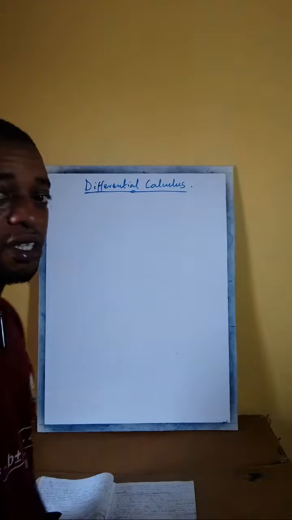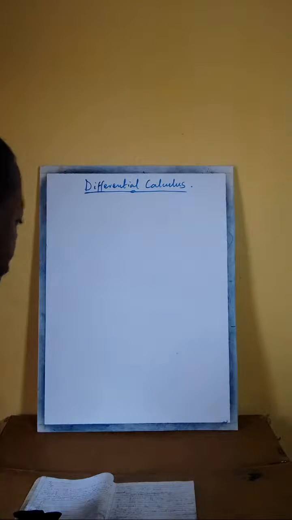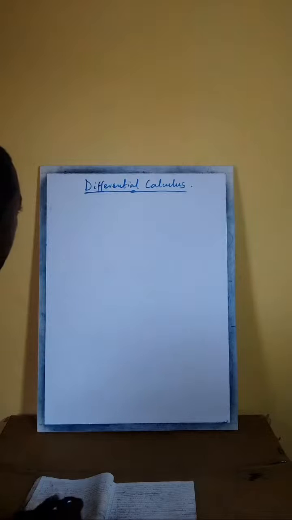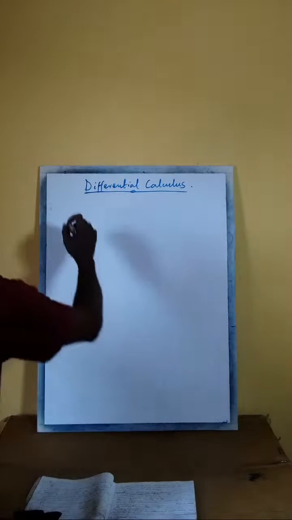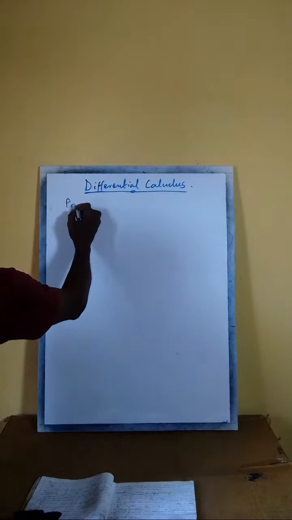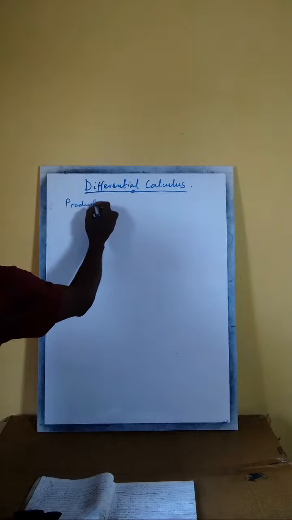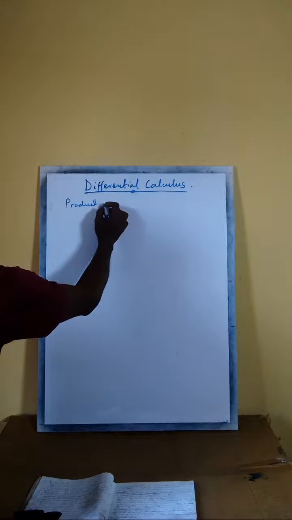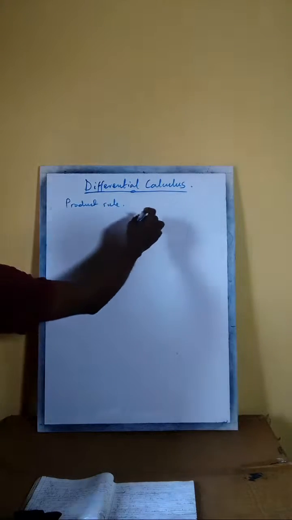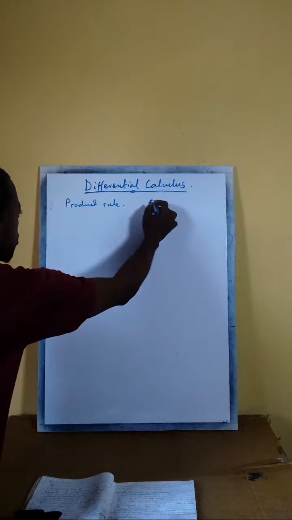Problem on differential calculus. In our previous class, we looked at some rules of differentiation, and the last one we looked at was the product rule. Then we also looked at the quotient rule.